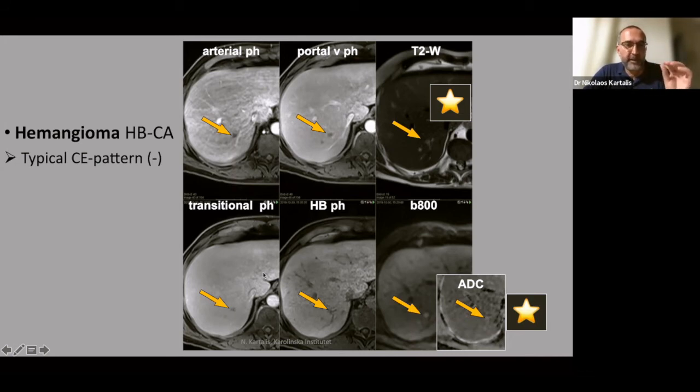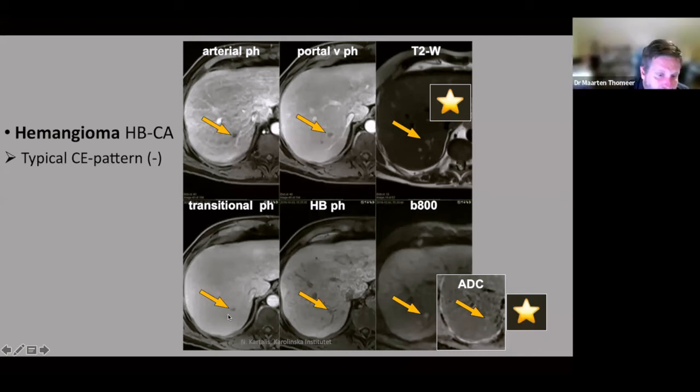But if we are very careful, we can see that the lesions become smaller during the portal venous phase and the transitional phase. This can help us identify some sort of peripheral enhancement, although not as beautifully as we expect with the extracellular agent.